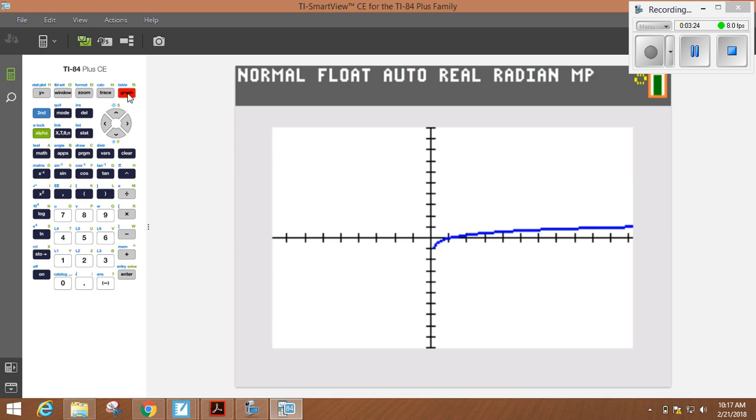And you can hit graph. Again, that graph is also doing the same thing, right? It's going down and down forever and ever, and it will get infinitesimally close to 0, but it'll never touch it.